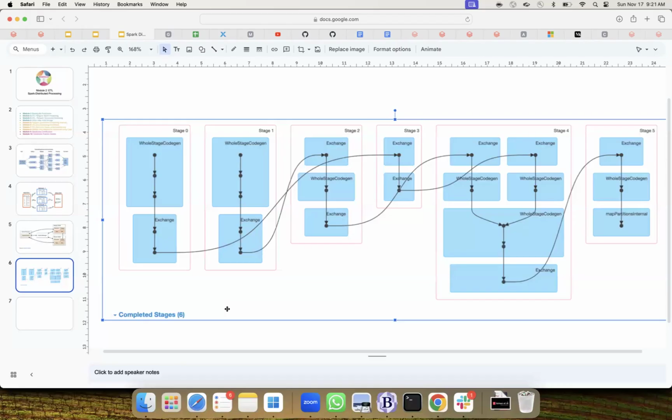How many tasks are created? How many cores are running in parallel? 100 plus 100? Any other answers? 200. Any other answers?